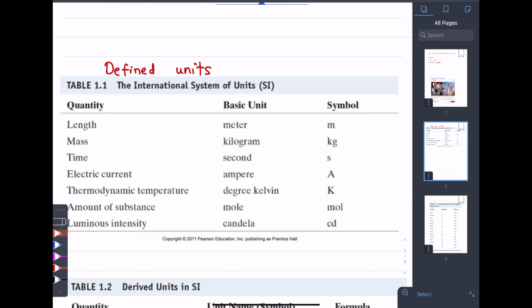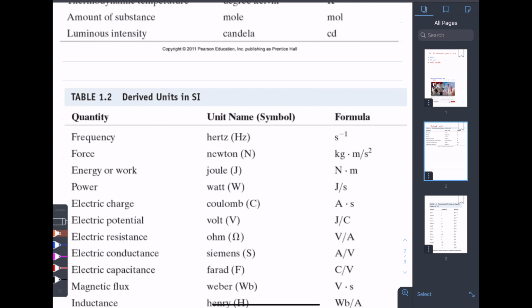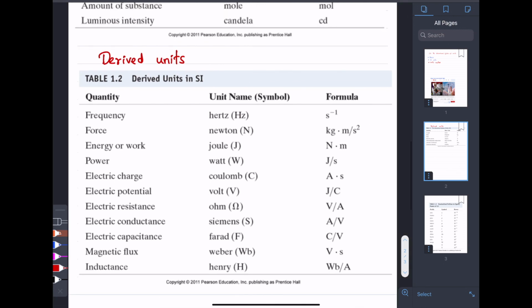Now, in addition to these fundamental quantities and defined units, we also use derived units, that are derived off of the fundamental units or other derived units. So frequency, as you know, has the standard unit hertz in the SI system, and force is in newtons.